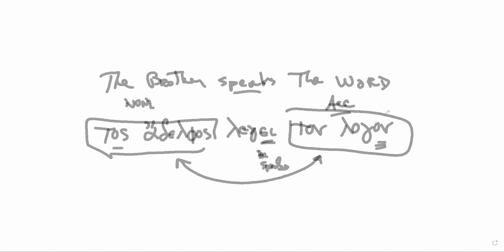But it's all in the endings. If you wanted to emphasize, here we're saying the brother, that's the emphasis, speaks the word. If you wanted to say it's the word that the brother speaks, right? Then you could put the ton logon at the front to emphasize the word. So it's all in the case, the ending that you have on the word.